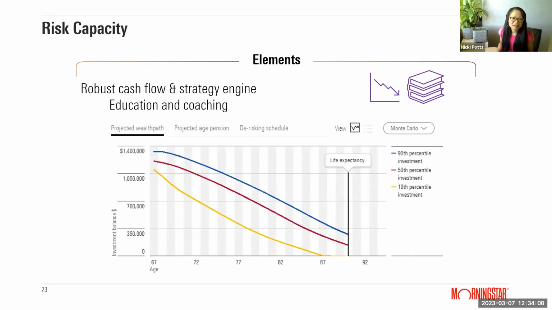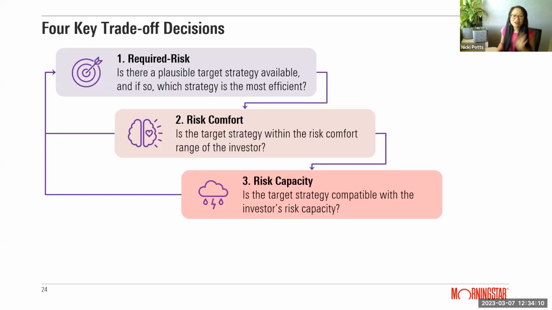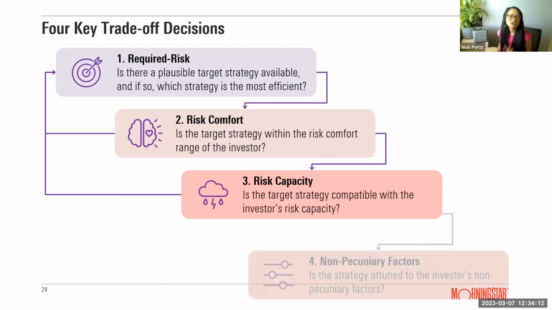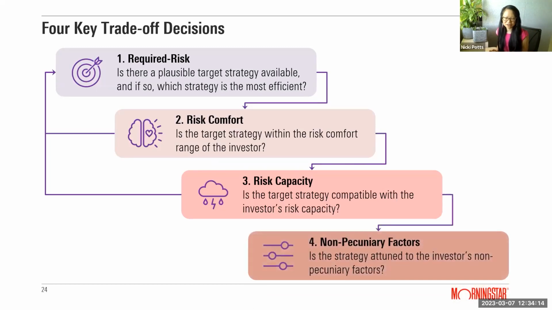So once risk capacity is resolved, we then finally turn our attention to non-pecuniary factors. So to what degree is the strategy attuned to the investor's non-pecuniary factors? As said earlier, some investors look beyond risk and return trade-offs and see investment selections, whether it's positive, negative, exclusion, inclusions, as a way to express their personal values.